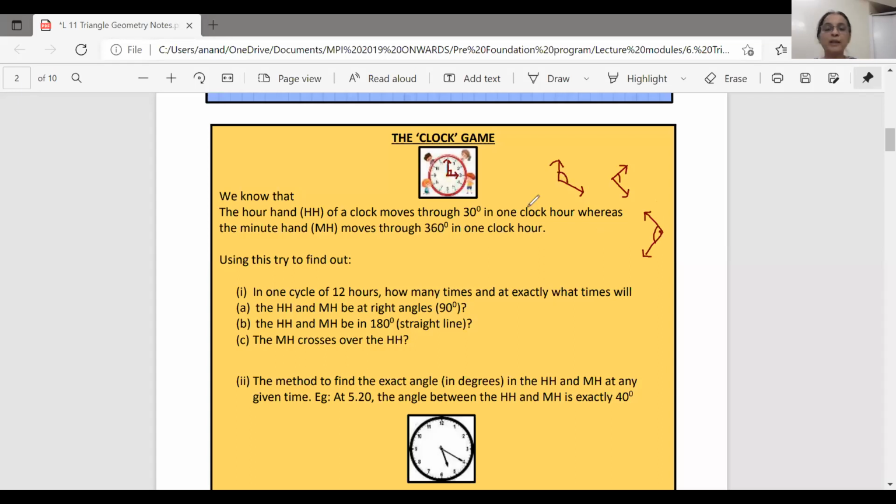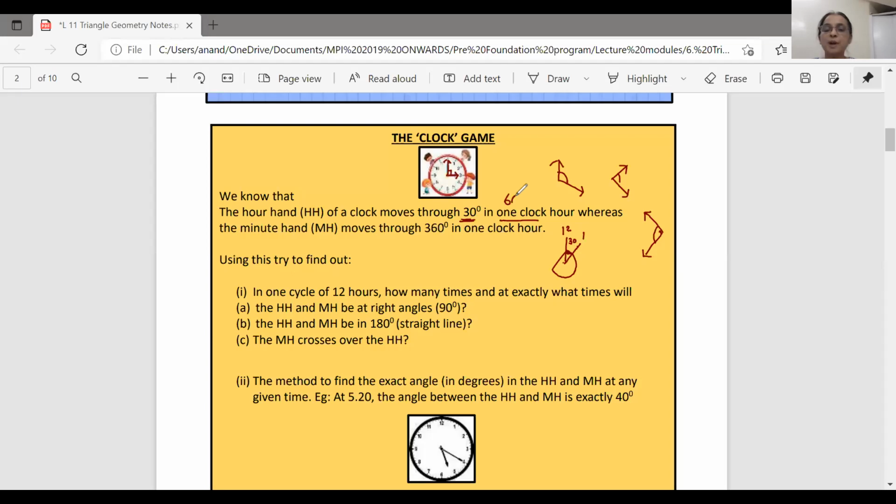And for that, we just need to take into account the speed of the hour hand and minute hand. The hour hand goes from one clock mark to another clock mark, say from 12 to 1, in 1 hour. And this is 30 degrees, because a full clock is 360 degrees, no? And this is 1/12 of it. So from one clock mark to another, it goes 30 degrees in 1 clock hour, that is 60 minutes.